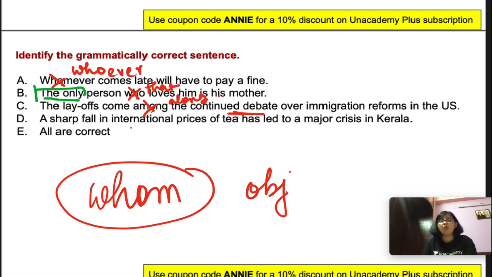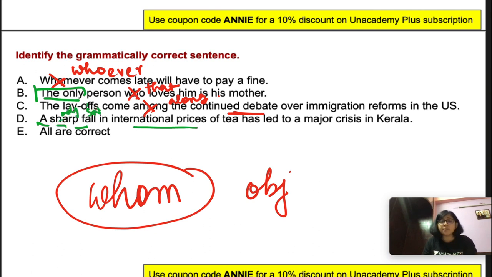A sharp fall in international prices of tea has led to a major crisis in Kerala. So A plus singular noun. So singular noun fall. Sharp is an adjective. Sharp fall in what?